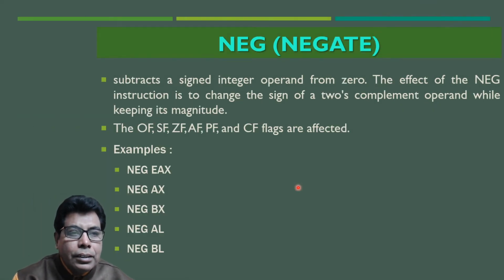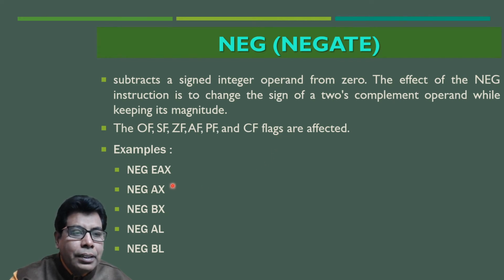Then the last in this part is negate. This subtracts the signed integer operand from 0. So the effect is to change the sign of a 2's complement operand while keeping its magnitude intact. Here the flags are affected.